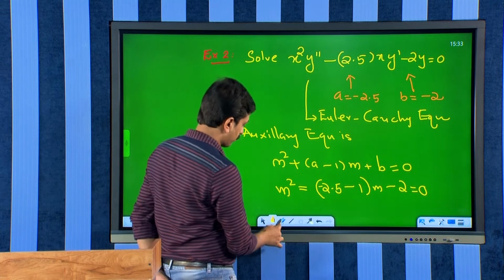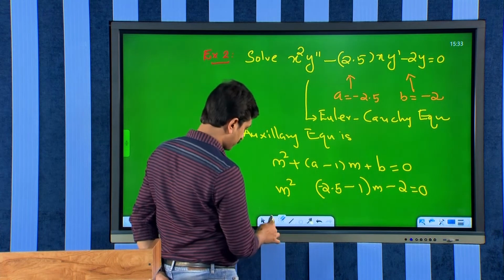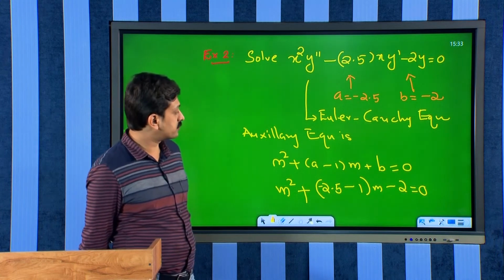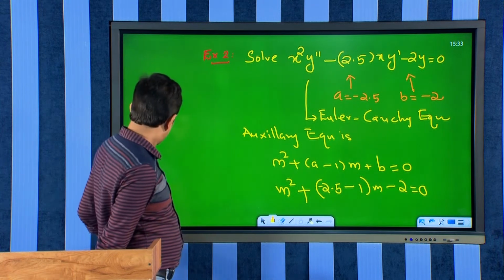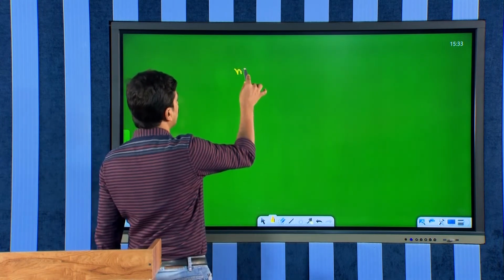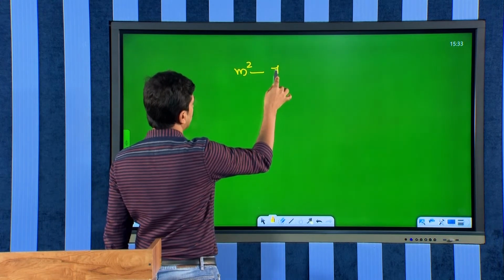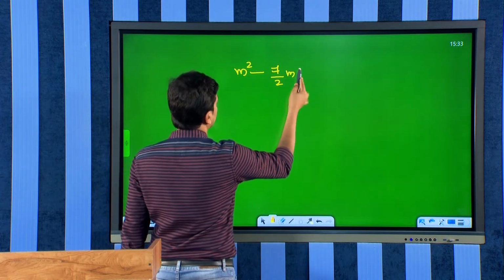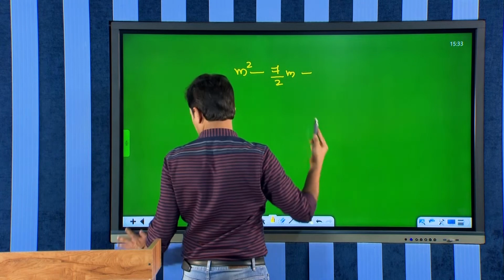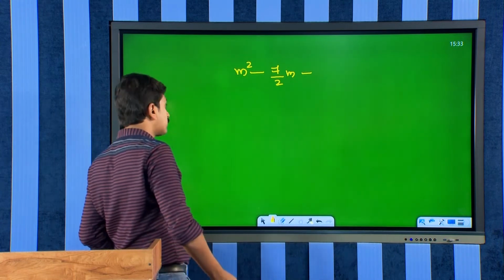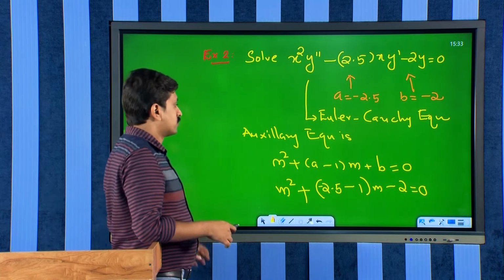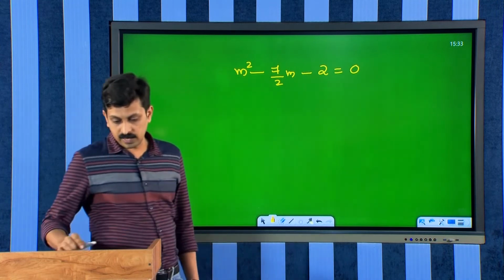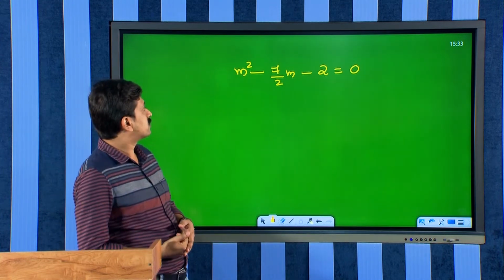That is m square minus 3.5 m minus 2 equal to 0, where 3.5 is 7 by 2. So, we have the auxiliary equation like this: m square minus 7 by 2 m minus 2 equal to 0.